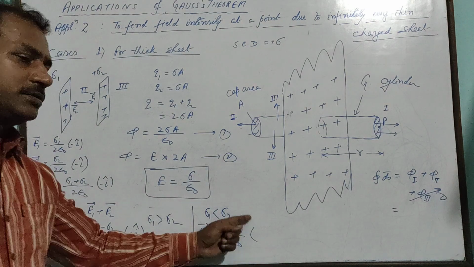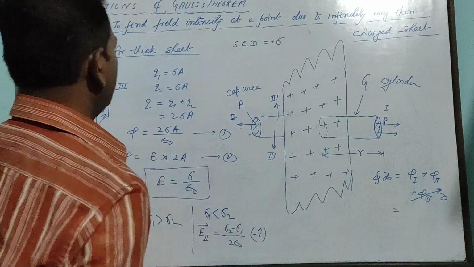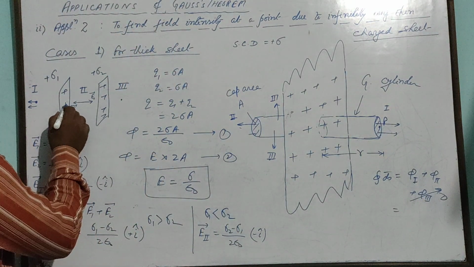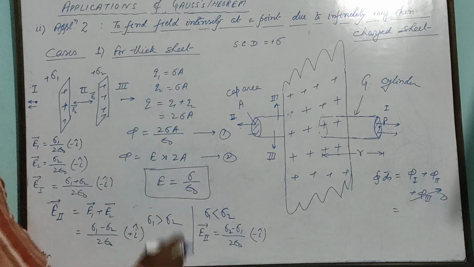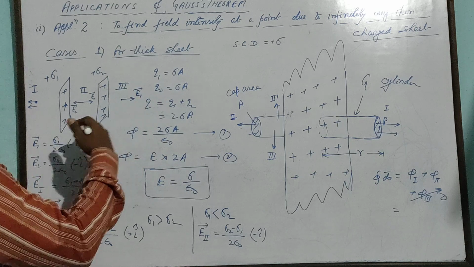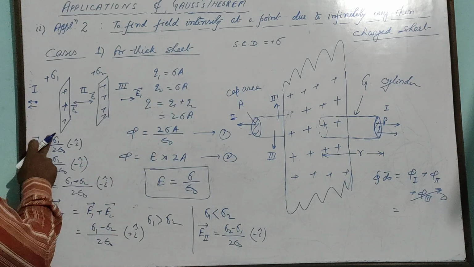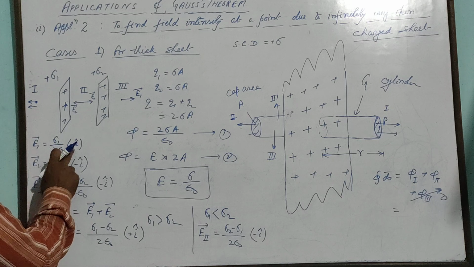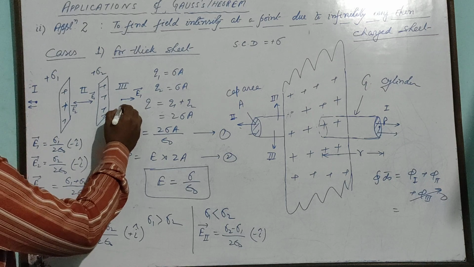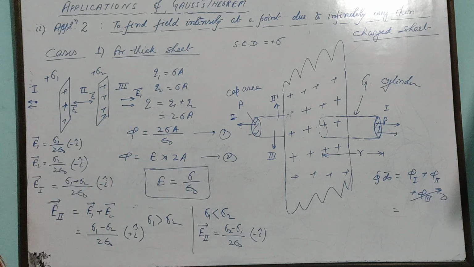The magnitude is this one. Similarly, if you go for this particular point, this will provide field intensity radially outward, the field intensity will be sigma 1 by 2 epsilon naught, but the sign will change. Now on this side it is plus i. Similarly, this will also be radially outward, so this will also become plus i.